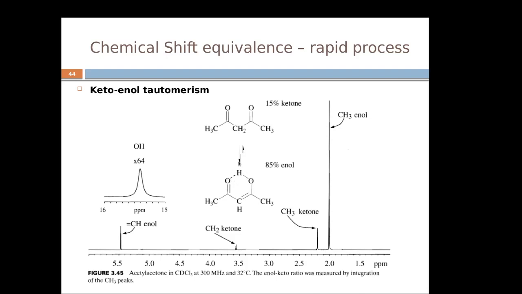This rapid proton exchange prevents the NMR spectrophotometer from distinguishing whether the proton belongs to this oxygen or this oxygen. So this rapid proton exchange, as we have seen earlier, could create a single peak for the proton at a single delta value, usually observed around 15.5 delta or ppm, which is quite usual because it's an enolic OH functional group.